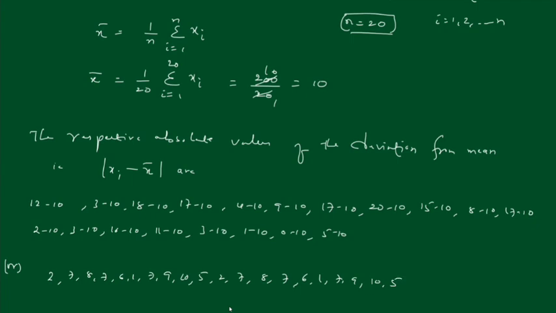Right? 5 minus 10 is minus 5, its absolute value is 5. These are the absolute values of deviation from the mean. So now what can we write here?